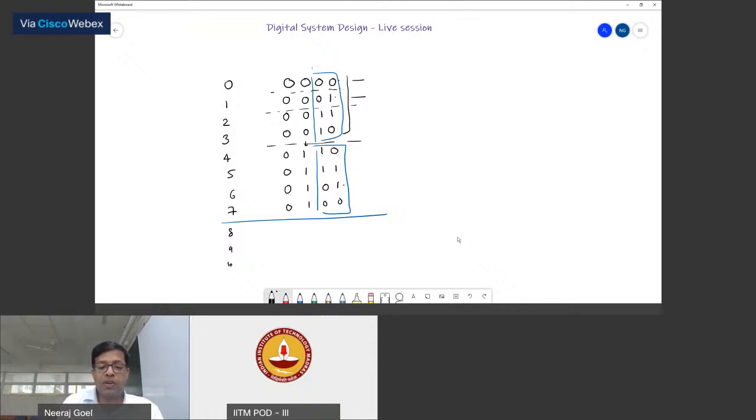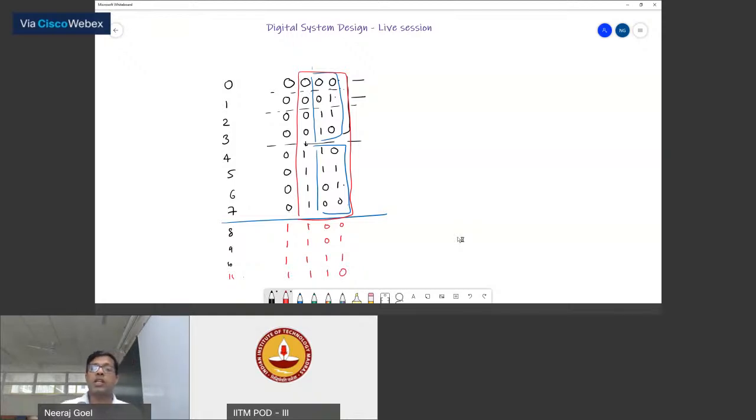Now this part will become mirrored, and here instead of 0 we'll put 1. So this would be 1, 1, 0, 0, and then 1, 1, 0, 1, 1, 1, 1, 1. For 11 it would be 1, 1, 1, 0, and so on.